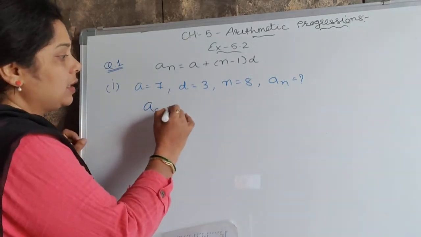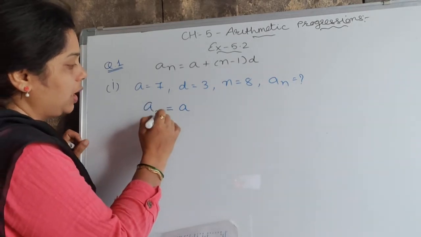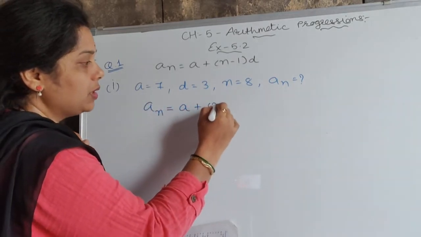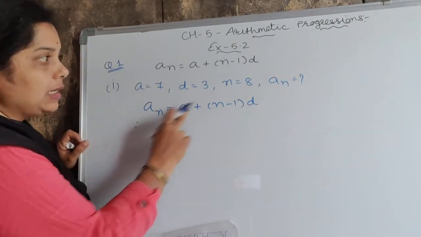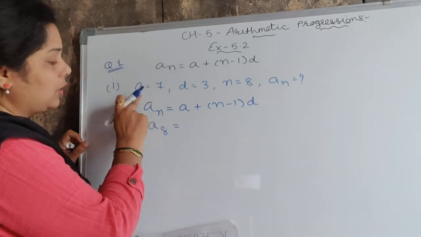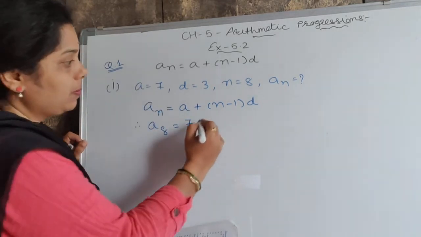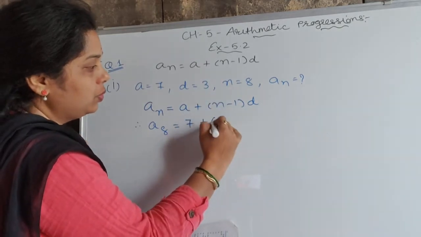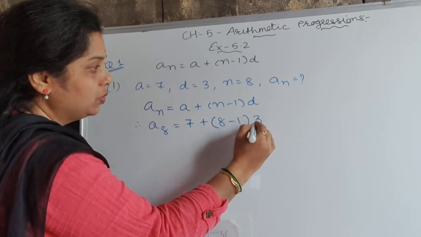First we write the formula: an is equal to a plus (n minus 1) d. Therefore here n is equal to 8. Therefore a8 is equal to, now substitute the values: a is equal to 7, n is equal to 8 minus 1, and d is equal to 3.